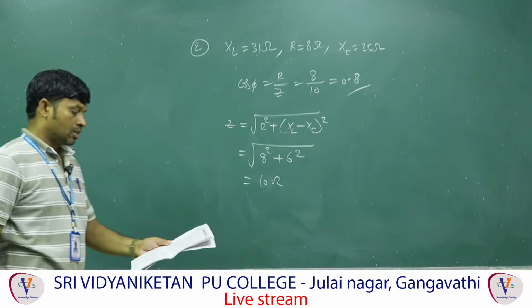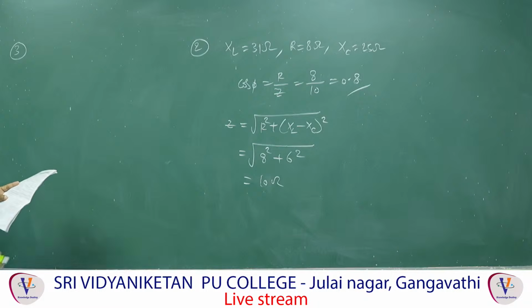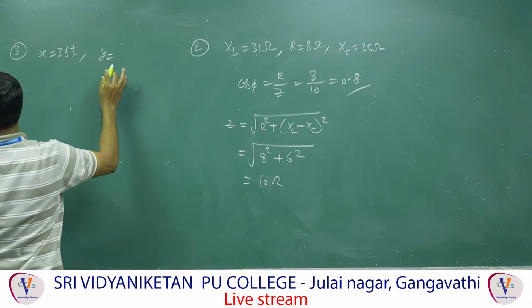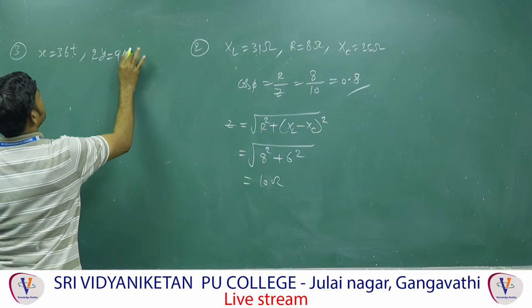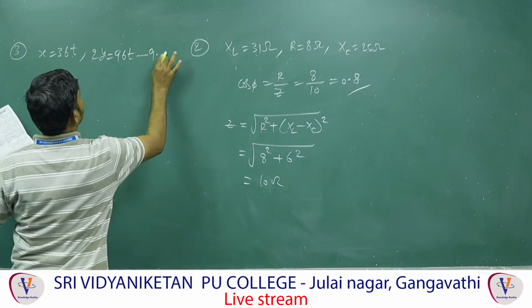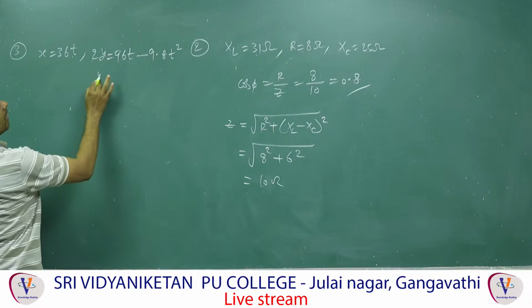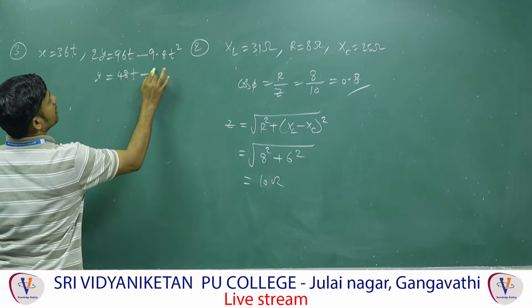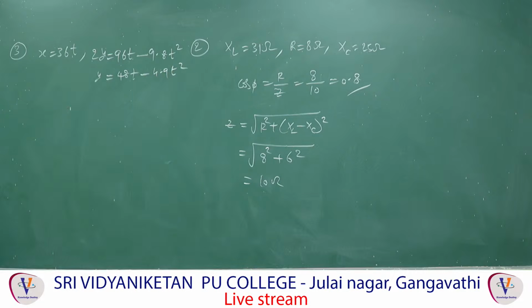Now next, third question. The equation of motion of a projectile is x equal to 36t and 2y equal to 96t minus 9.8t square. So the y value is 48t minus 4.9t square. We compare these two equations.